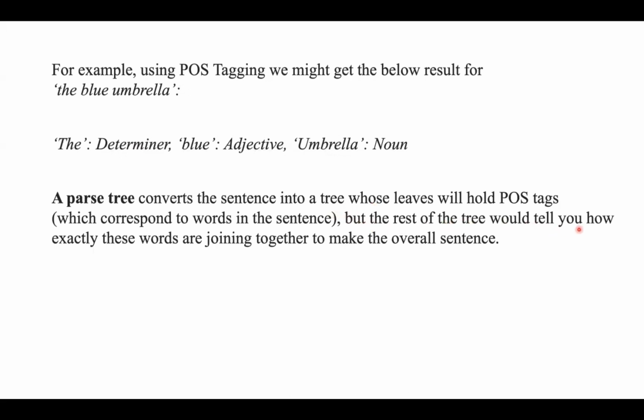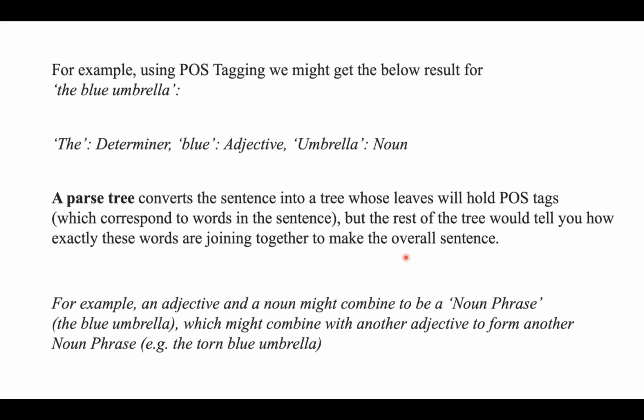The rest of the tree tells you how exactly these words are joining together to make the overall sentence. So leaves are nothing but POS tags corresponding to words in a sentence, and the rest of the tree gives you information about how these words join together to make the overall sentence.